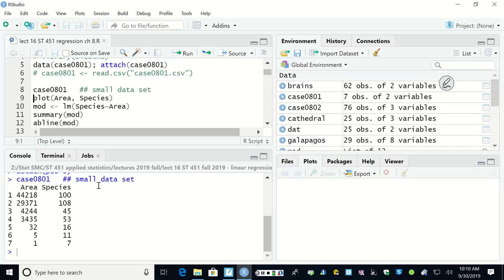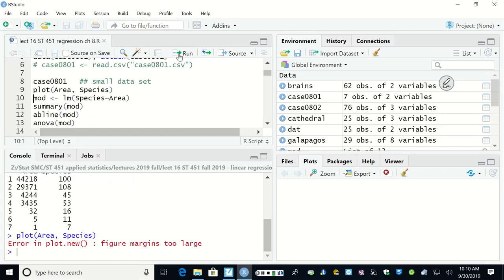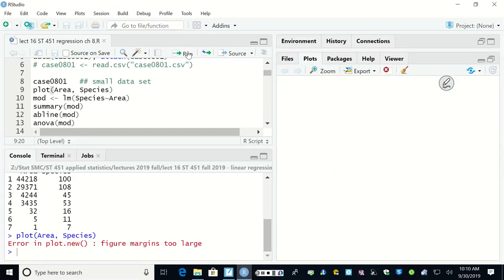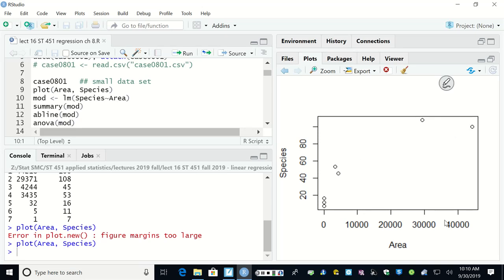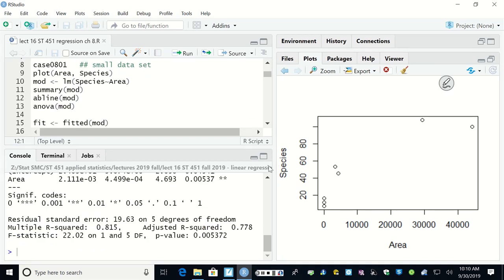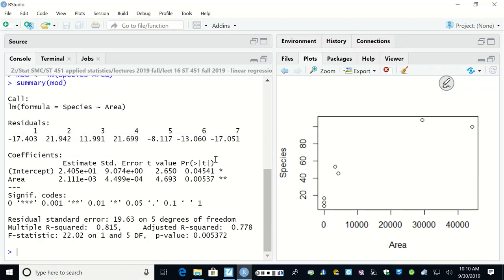Can we use the areas to predict the number of species? It's pretty clear that this is a pretty skewed distribution for area. If you plot it, it's kind of sparse, and it's kind of hard to judge anything, linear or non-linear, from those few points. If you fit the linear model to it, the summary output for area as a predictor shows small values of the coefficients, but they're highly significant.